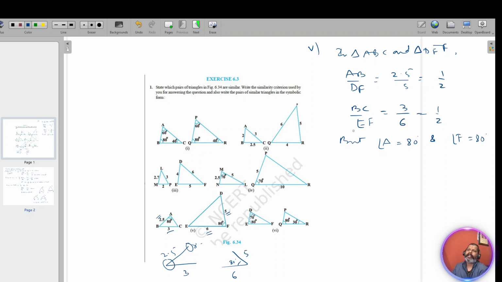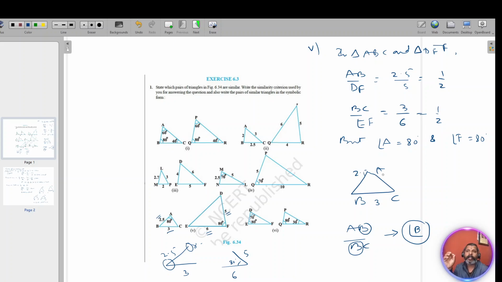How do you say included? What are the values given? Check out. In the figure ABC, AB is given as 2.5, BC is 3. Means for AB and BC, the included angle becomes B, right? Because the letter B is repeated. Pay attention, that's called the included angle.